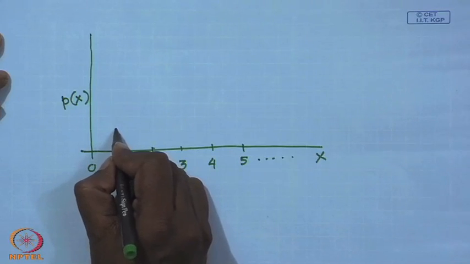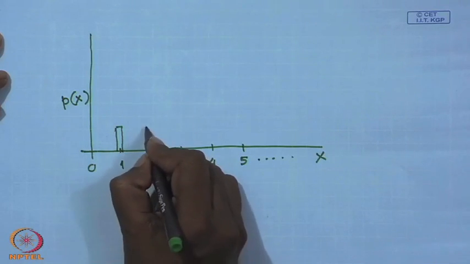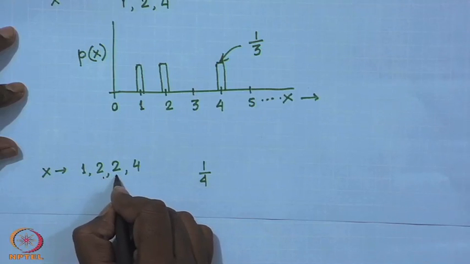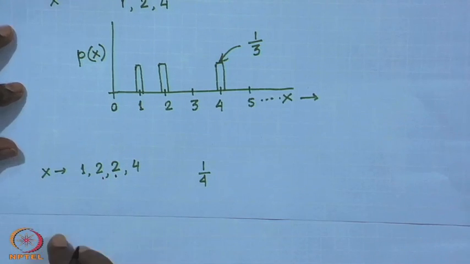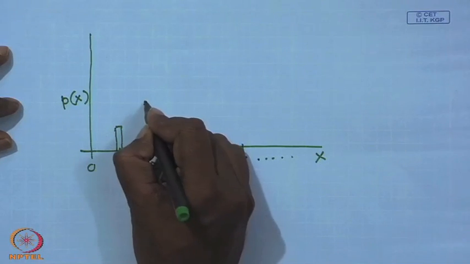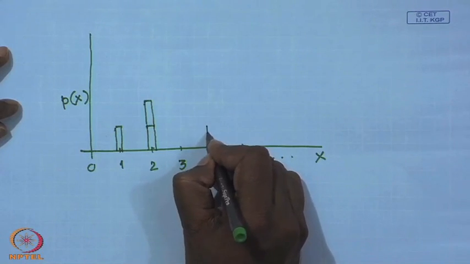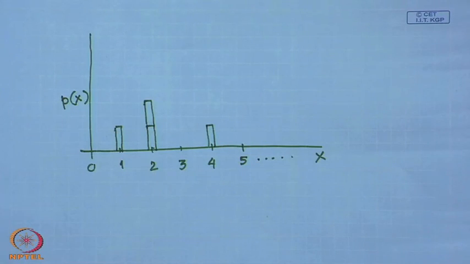I have one delta function at location 1, I have 2 delta functions at location 2, because you see that I have 2 samples of x, both of them having value 2. So, I have 2 samples at location 2. So, the height of this delta function has to be double, and I have one sample at x equal to 4. So, this is the kind of situation that I have.